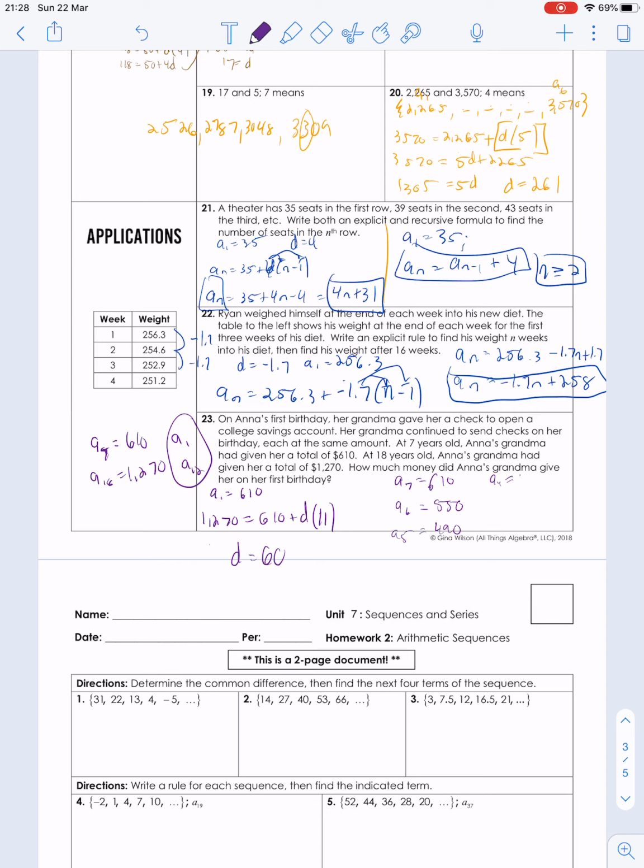A4, 430. A3, 370. A2, 310. A1, 250. So she got $250 on her first birthday, and then $60 more each birthday. Woo, that's nice. That's very good.